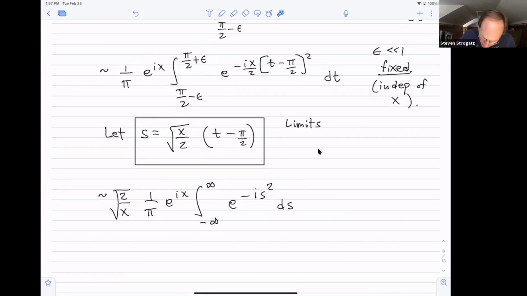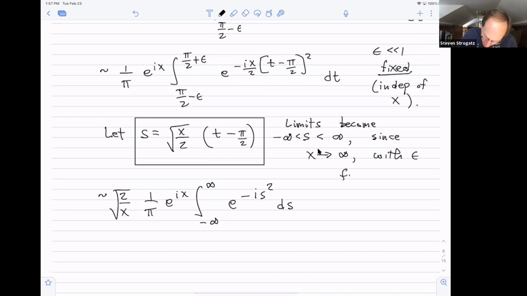So the limits become s between infinity and minus infinity, since we're taking the limit as x goes to infinity with epsilon fixed.